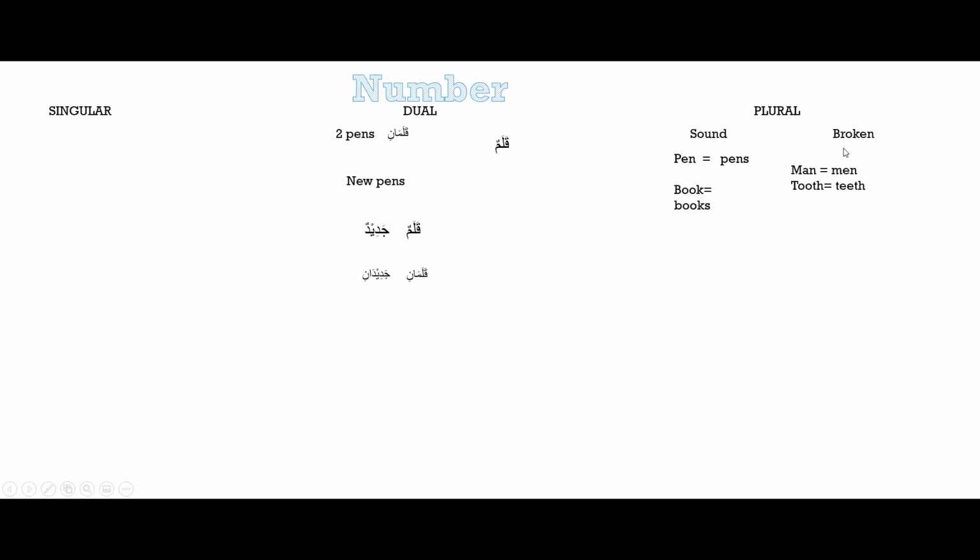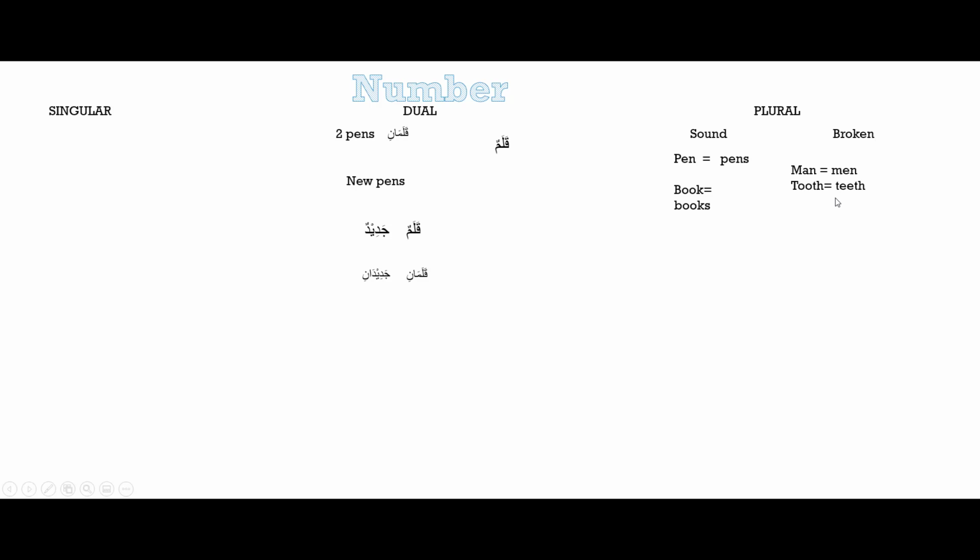And we also have broken plurals in English, wherein the base structure is broken and some letters are changed or deleted or added, something happens, and that is the reason these plurals are called broken. So these were the plurals in English. And in English, the most common form of plurals are sound plurals. We just add s or es depending on the noun. In Arabic, broken plurals are the most common.